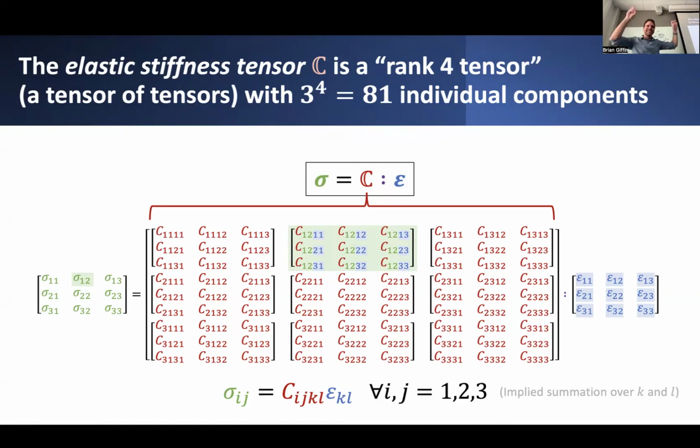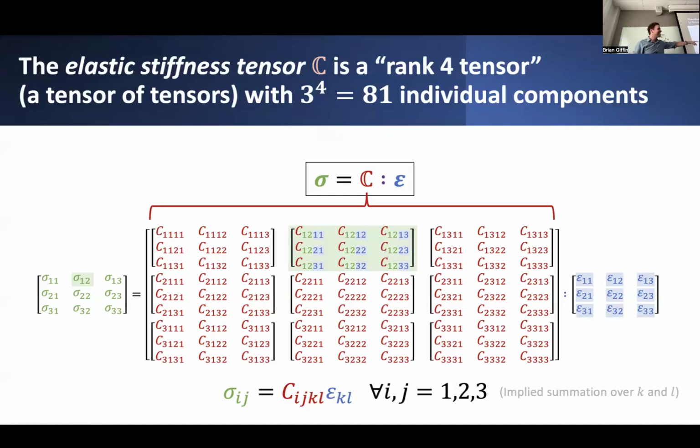this material stiffness tensor. Now, really, it's not just a tensor as we're used to thinking about in the case of stress and strain tensors. Stress and strain tensors are these two-dimensional arrays, right? The elastic stiffness tensor is really a tensor of tensors.